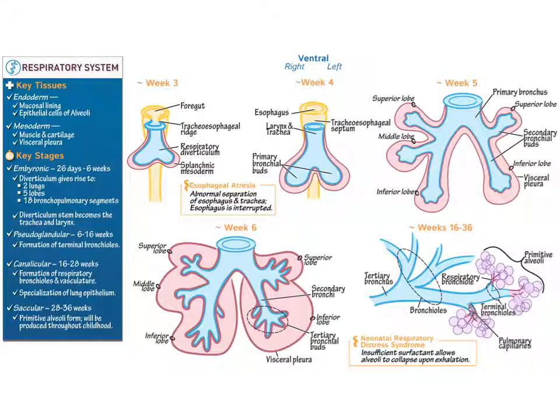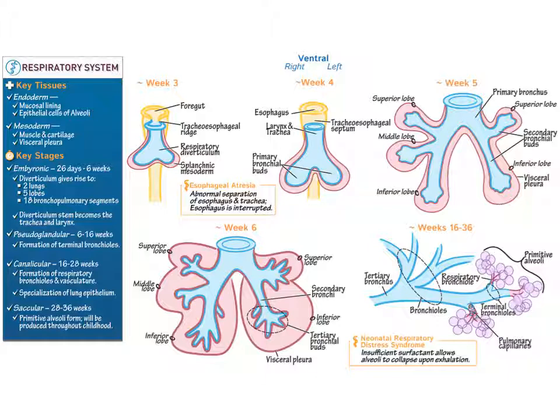Let's see the development of the respiratory system. We can see the development of the respiratory diverticulum and formation of tracheoesophageal ridges, then the septum, which separates the foregut from the developing respiratory system, at the fourth week of intrauterine life. At the fifth week we can see the development of secondary bronchus.